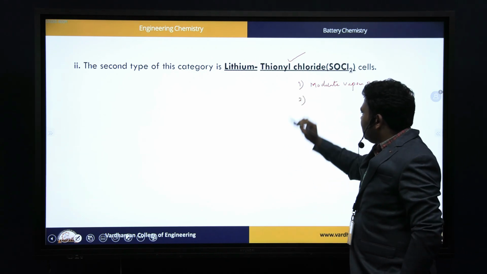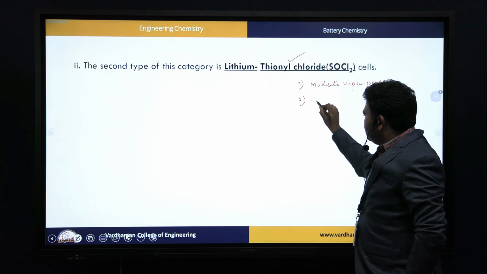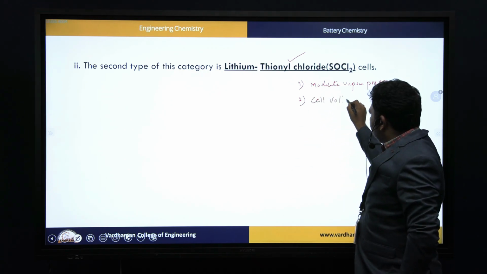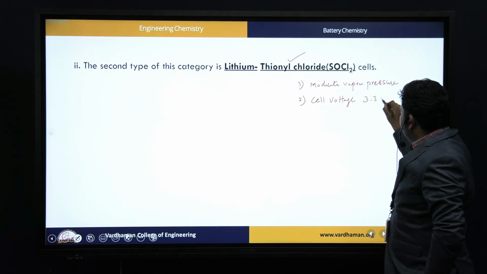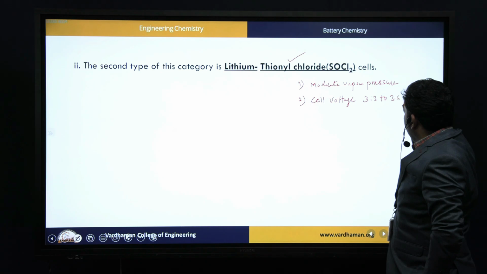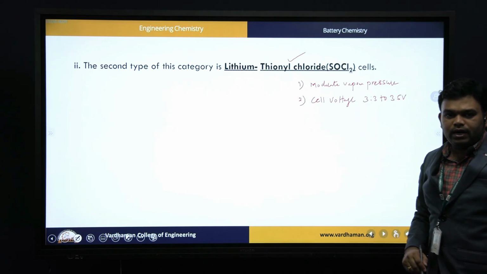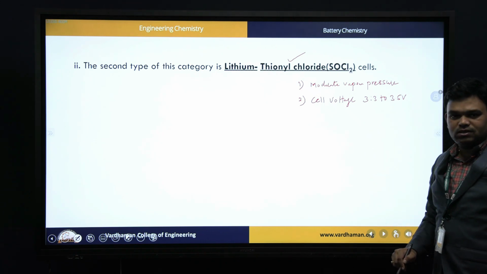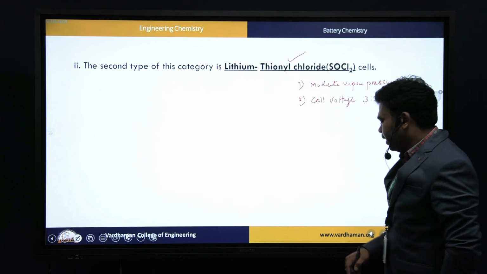The second is that we observe a constant cell voltage of 3.3 to 3.5 volts in lithium thionyl chloride. Because of these two reasons, it is preferable over the lithium sulfur dioxide cell.